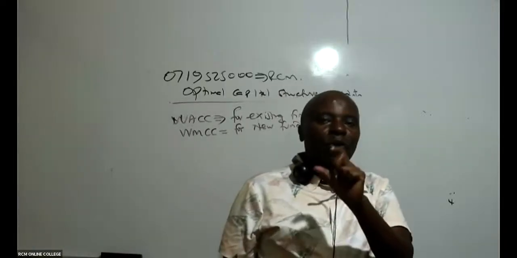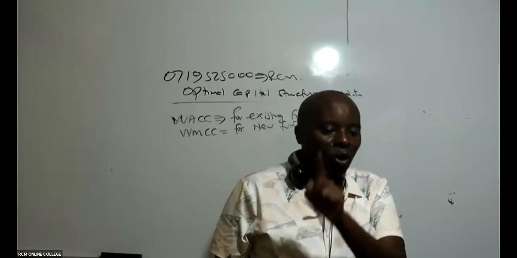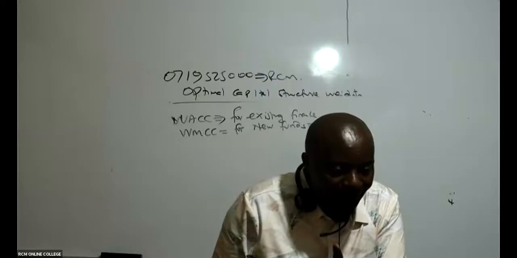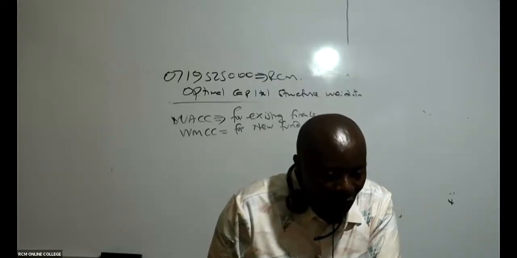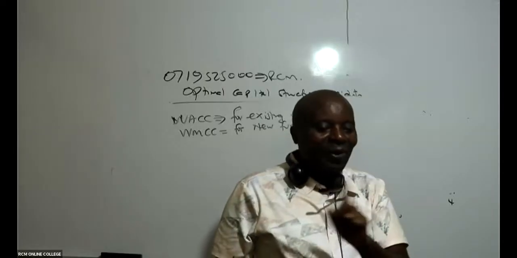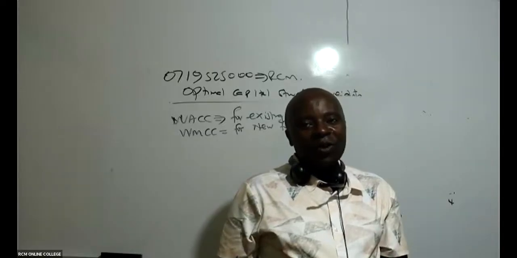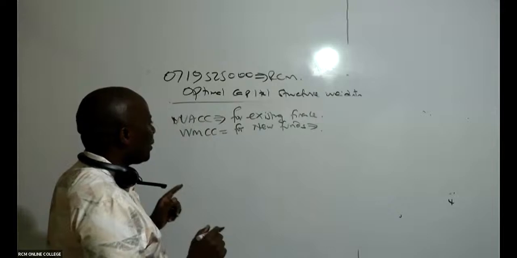And why is this cost of capital going to increase? It's because of new projects, because of new funds. WACC is for existing projects and WMCC is for new projects here. Again, ladies and gentlemen, we shall be doing this quite a lot.